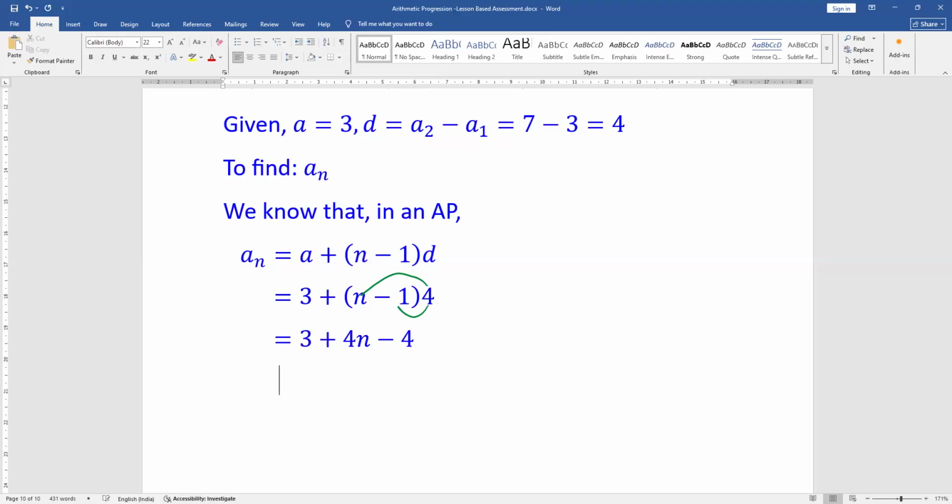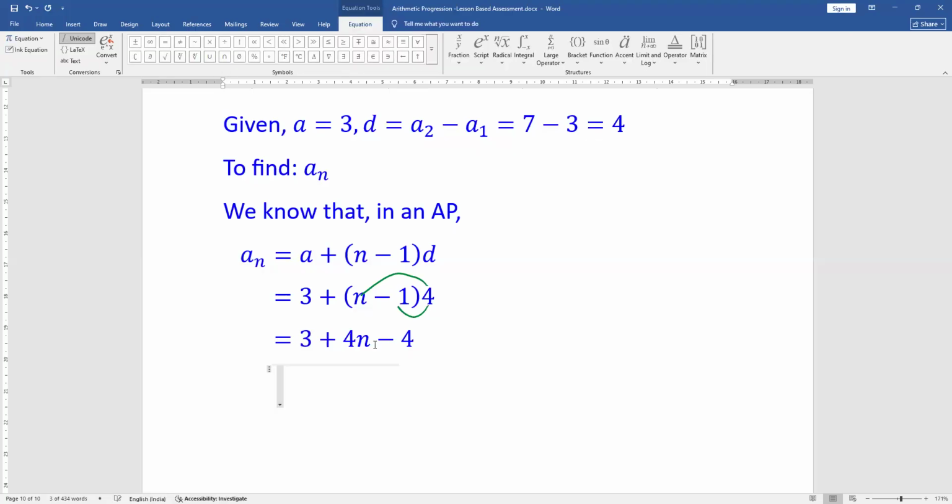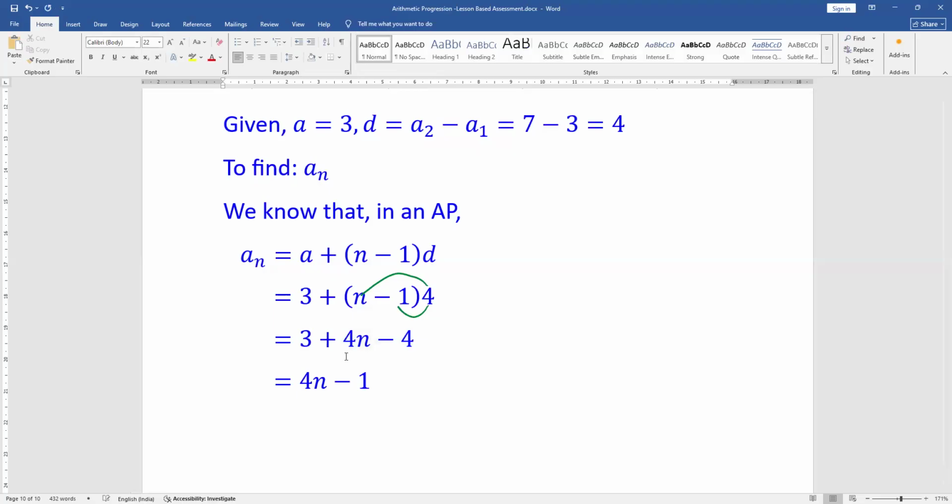Next, equals 4n, and 3 minus 4 is subtraction with opposite signs, so take the sign of the bigger number, which is 4. So it will be minus 1. So an equals 4n minus 1.